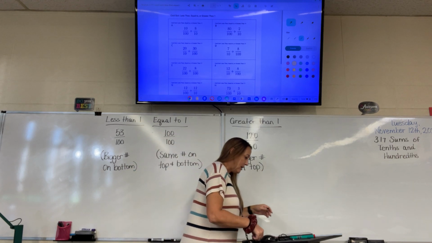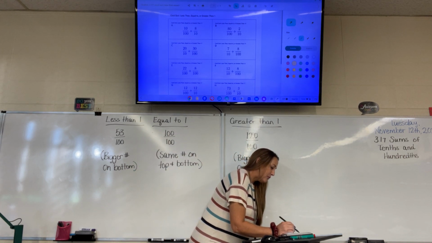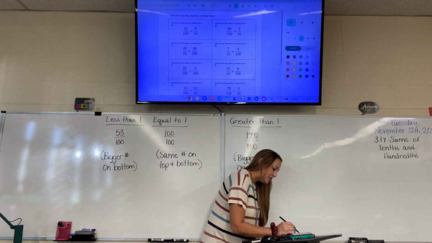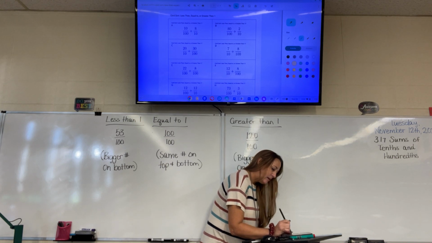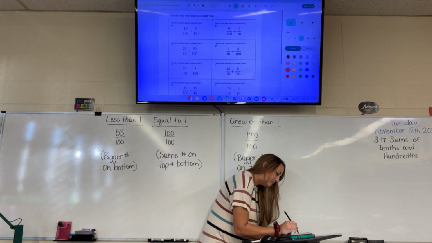Okay, so here are the expressions. So we have 10 hundredths plus 8 tenths. The first thing that we have to do is add a 0 to the bottom to make us have the same denominator. And if we do it to the bottom, we do it to the top.